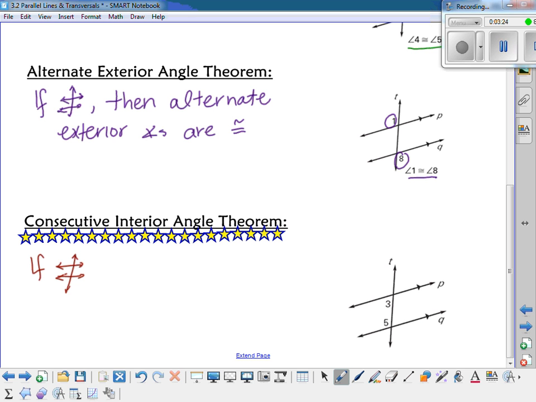So if parallel lines are cut by a transversal, then consecutive interior angles are supplementary.